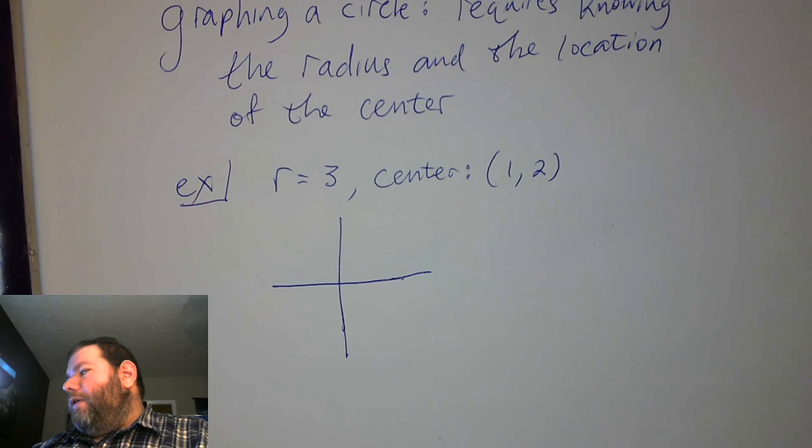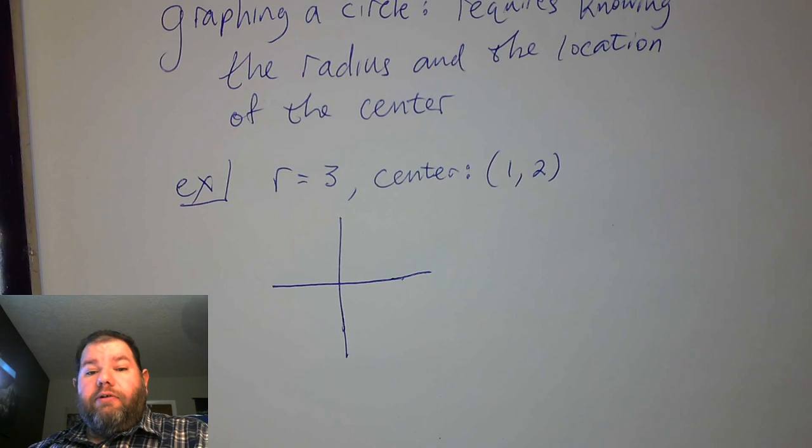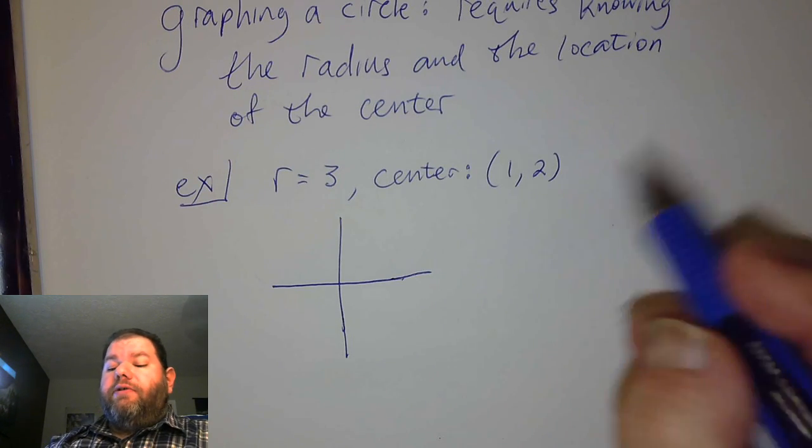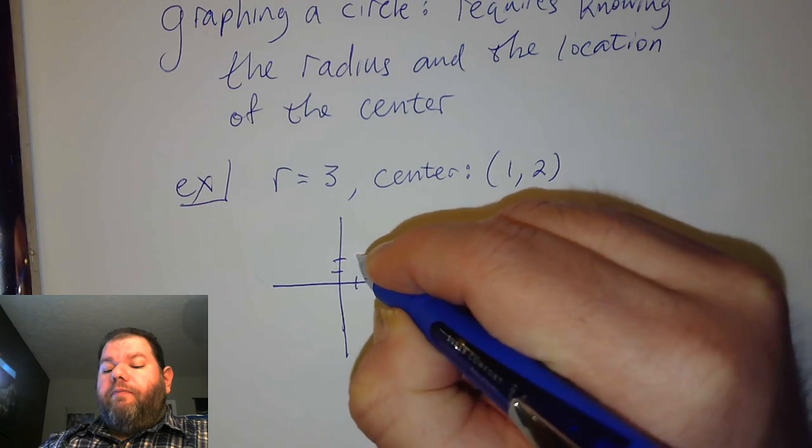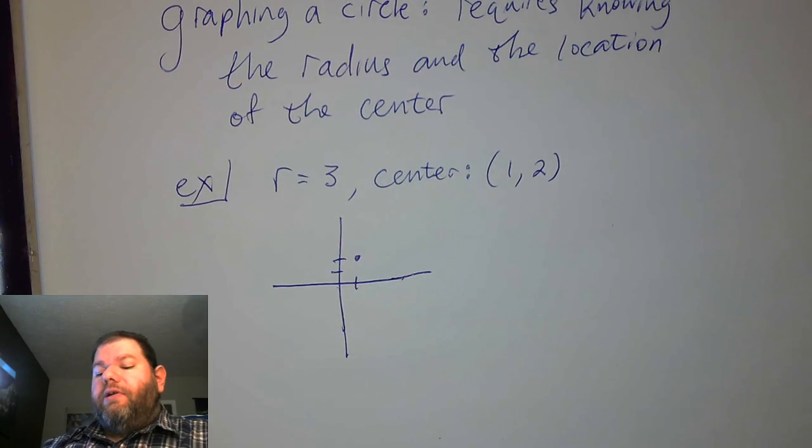Okay, so we have a center located at 1, 2 with a radius of 3. So the first thing we do is graph the location of the center, which is 1 right and 2 up from the origin.